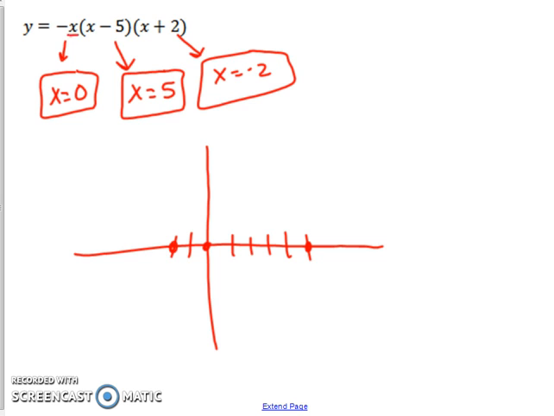Now again, there's three x's. So if I multiply this, I'd have x cubed. Because I have a negative 1 x and then two other regular x's, I'm going to have a negative x cubed function. When it's negative, remember we start positive and we end negative. So I'm going to start positive, I'm going to end negative. And then you're just going to fill in the shape. So this is going to go down, up, and down.